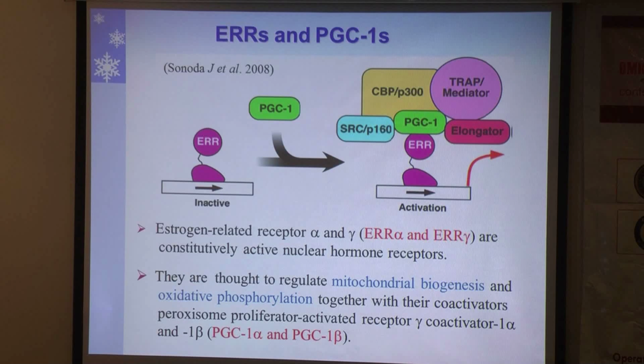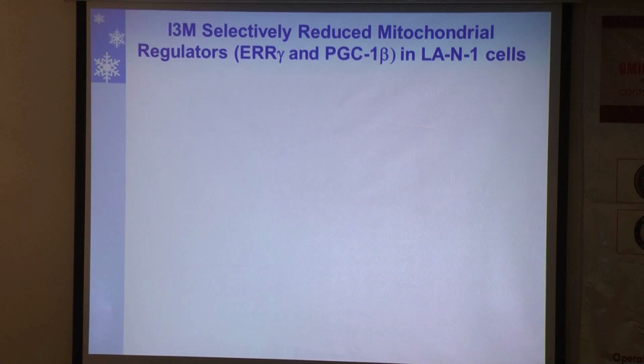You can see here they bind to the DNA, and then in the presence of the co-activator PGC1, the peroxisome proliferator-activated receptor gamma co-activator, 1 alpha and 1 beta, this causes the activation of gene expression. So this controls a number of genes involved in mitochondrial biogenesis and oxidative phosphorylation. We looked at the ability of I3M to affect the gene expression of ERR gamma and PGC1 beta.